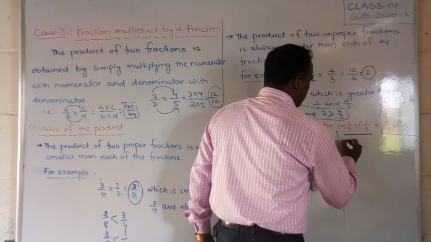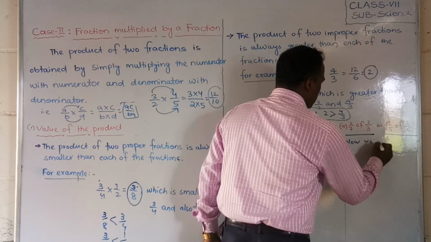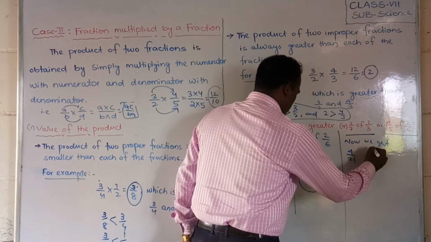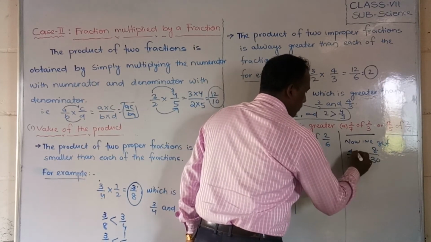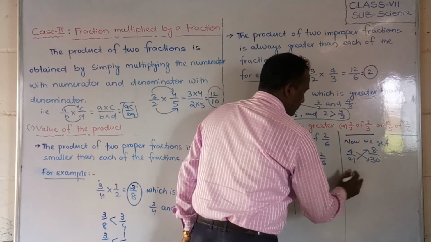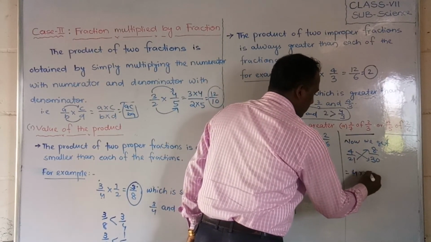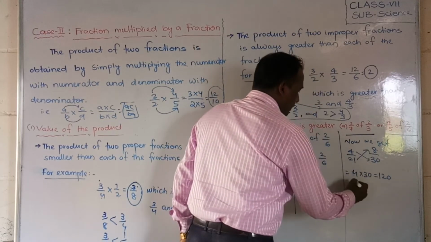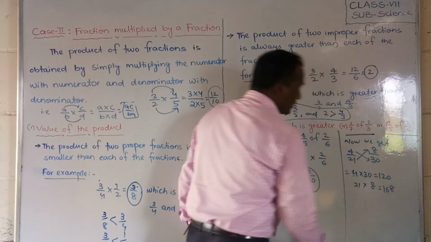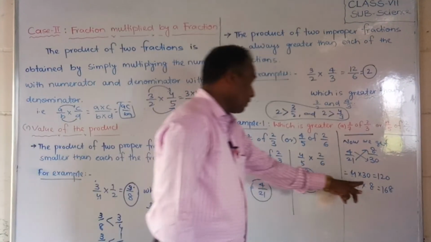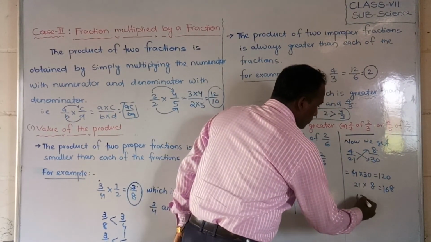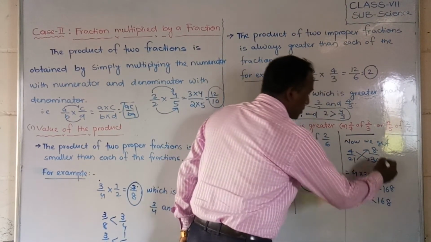Now if we do the cross multiplication, 4 into 30 is equal to 120 and 21 into 8 is equal to 168. 8 ones are 8, 8 twos are 16, so 168. Now which one is greater? The second one. 120 is smaller than 168, so this one is greater.